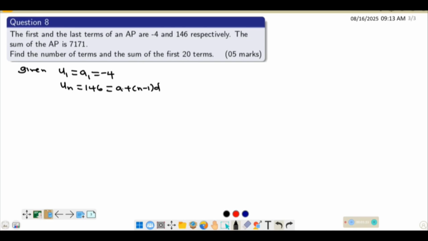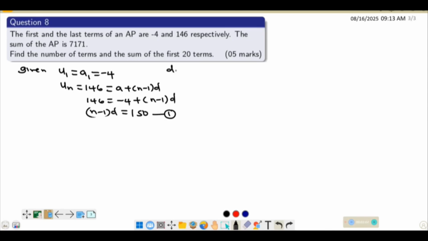So 146 is equal to a, which is -4, plus n minus 1 into d; we don't know the number of terms n, and we don't know d. Rearranging, we have n minus 1 into d equal to 146 plus 4, which is 150. We call this equation number 1.